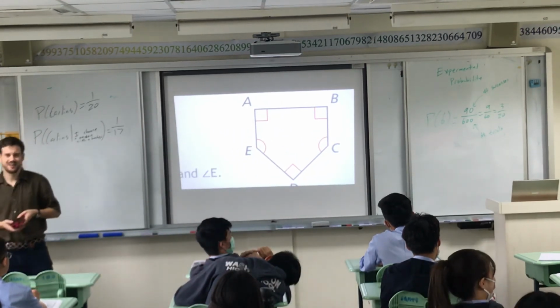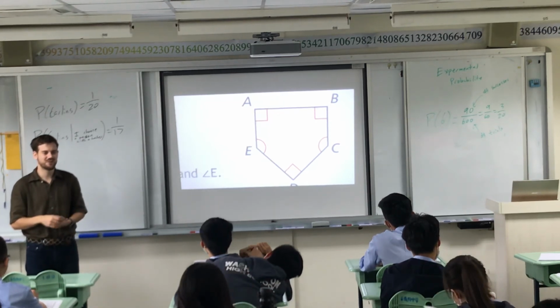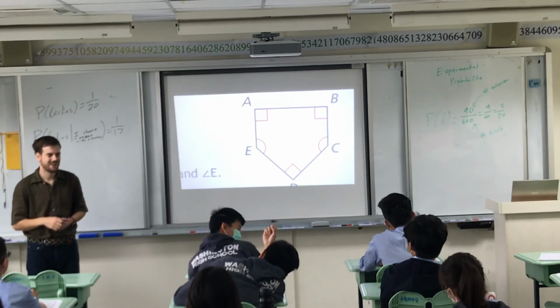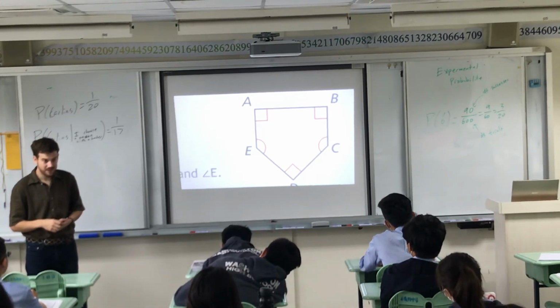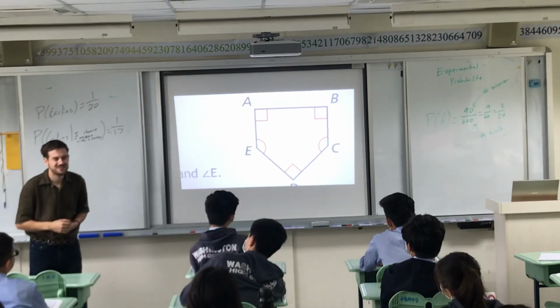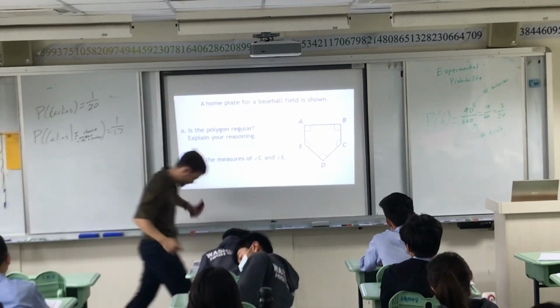Vocabulary. 2 consecutive vertices. Lorena, if you guess, you'll probably get it right. B and C? Try again. A and B. Wow.